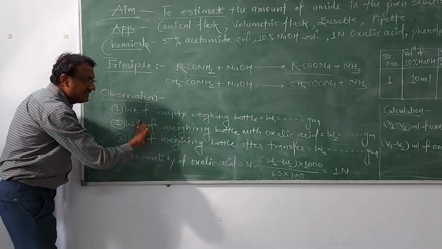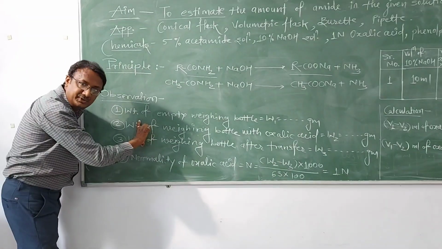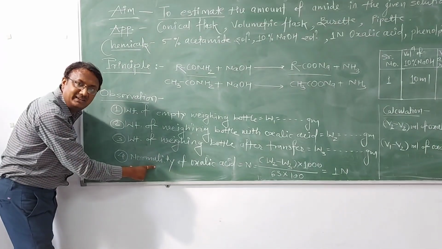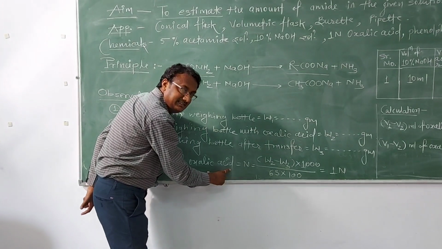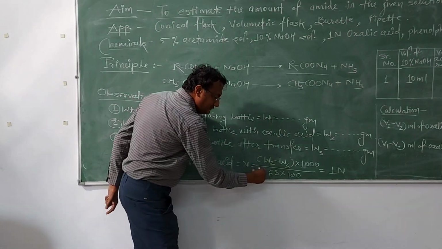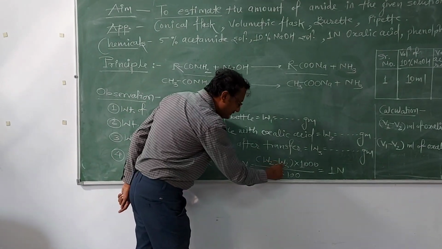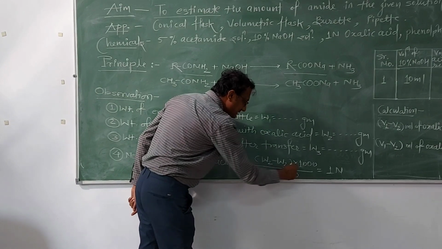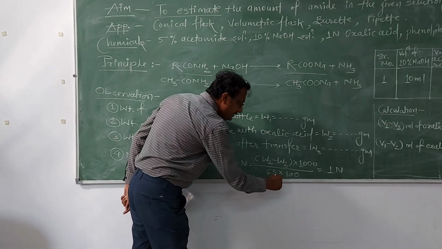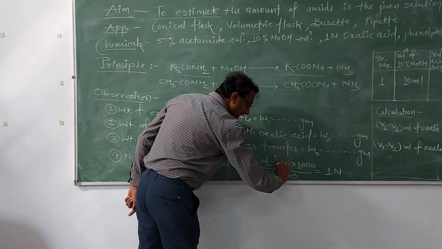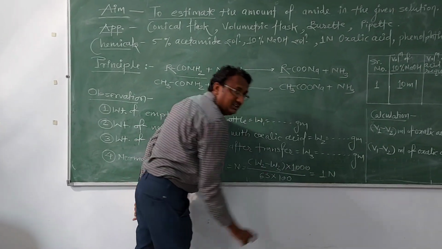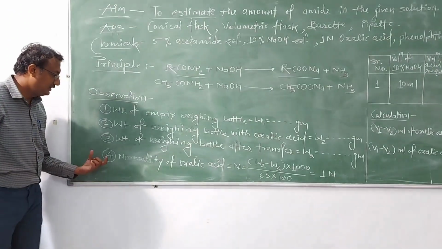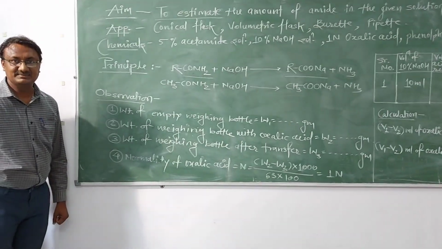Using W1, W2 and W3 we calculate the normality of oxalic acid: N equals (W2 minus W3) into 1000 divided by 63 into 100. After this calculation, we get 1 normal as the normality of oxalic acid.